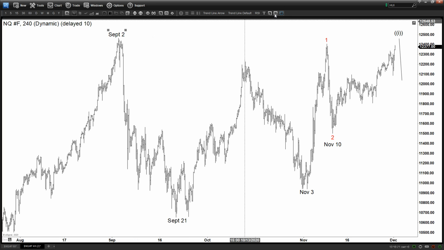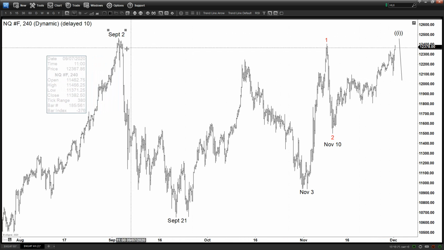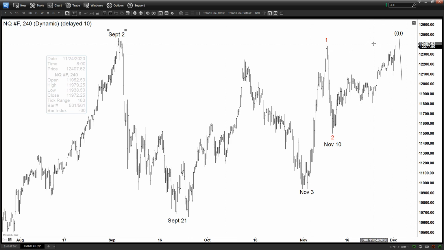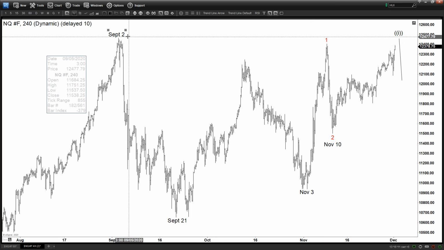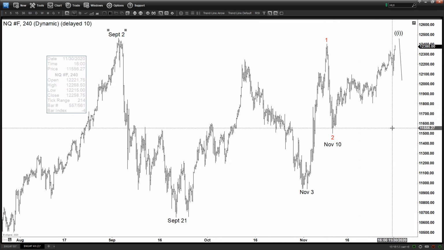If we can continue to go up here and we can break above September 2nd, which is 12,465, currently it is 12,377, not really that far away. I think if we can break above 1, that will increase the chance tremendously that we're going to break above September 2nd. Now if we do get a break above September 2nd, then we make a new all-time high, and that will suggest, okay, the next leg higher has indeed started in Nasdaq, right?